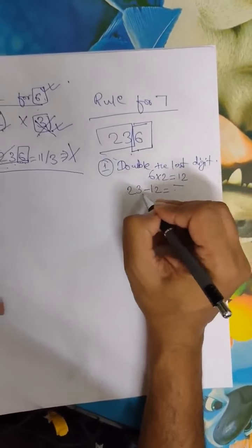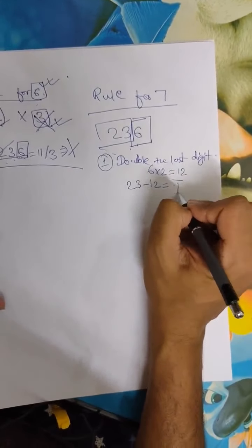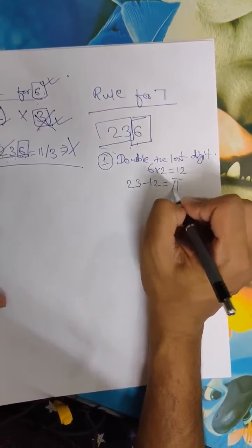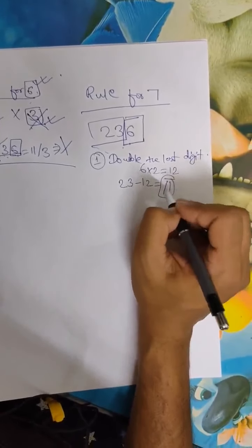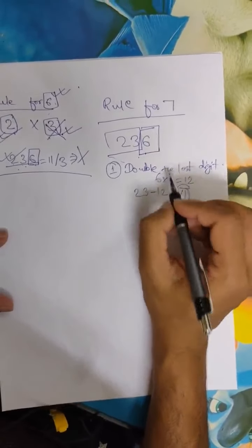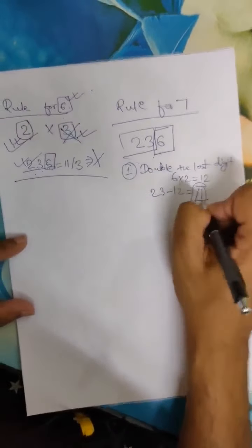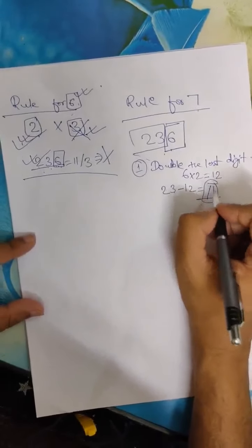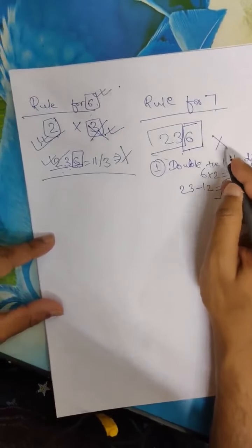What it's left with, 3 minus 2 is 1 and 2 minus 1 is 1, so we are left with 11. Now we have to see whether this number is divisible by 7 or not. We definitely know 11 is not divisible by 7, so this number is not divisible by 7.